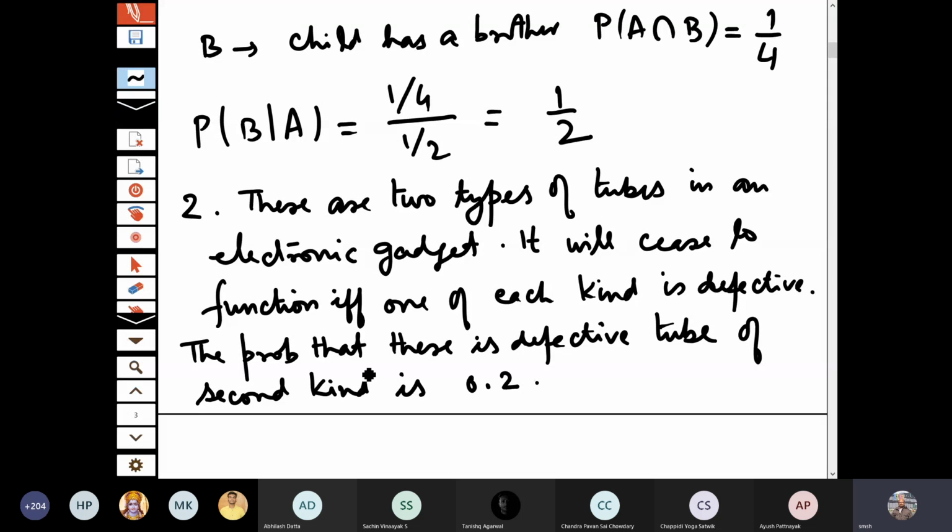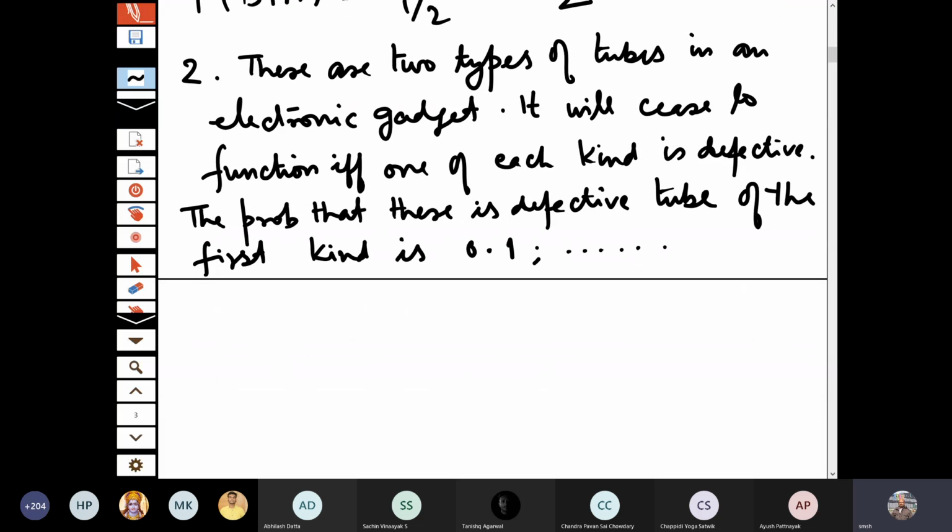Sorry, the probability that there is a defective tube of the first kind is 0.1, and similarly the probability that there is a defective tube of the second kind is 0.2.